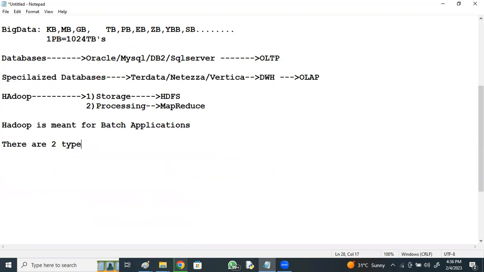There are two types of applications: online applications and batch applications.